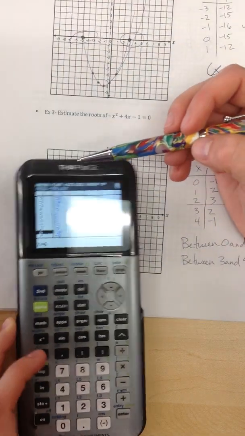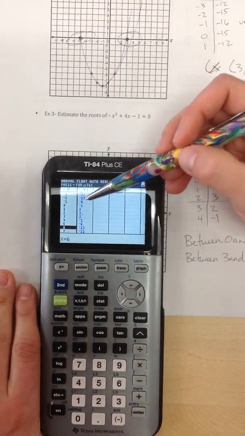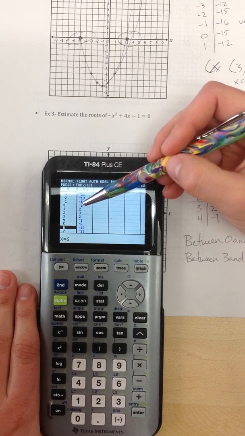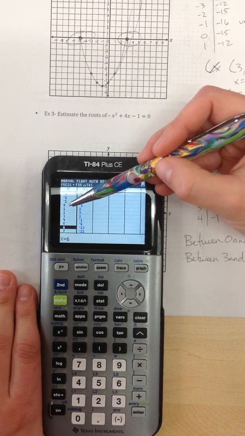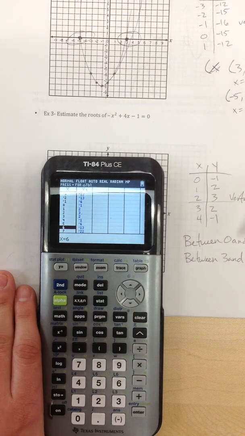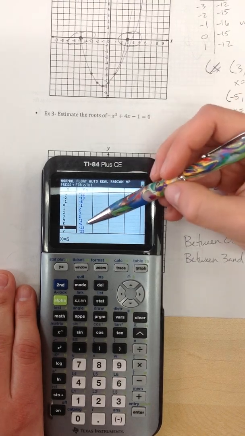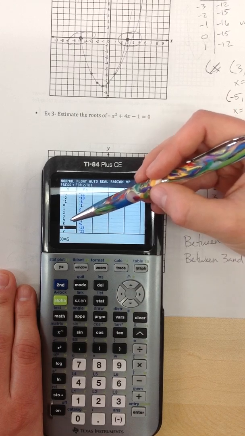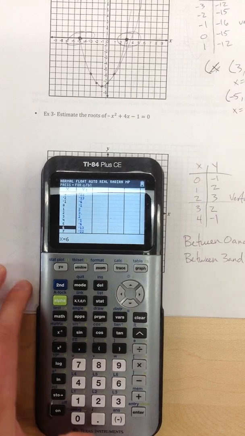If you look at your table where your y's switch from positive numbers to negative numbers or negative to positive, you can see that here between the -1 and the 2. So we know that it's between 0 and 1, which is what we had from our picture. And then same thing here, you can see that it's switching from positive 2 to negative, which would be in between 3 and 4. Okay.